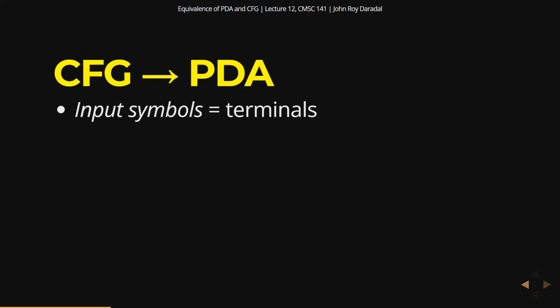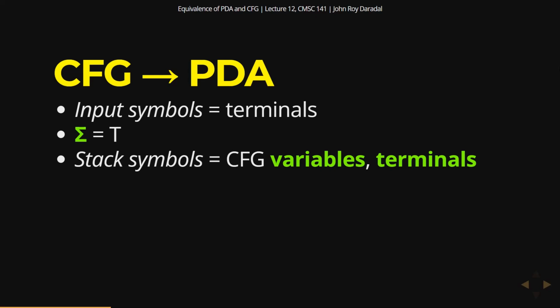Next, for the input symbols, that would just be the terminals of your grammar. So for sigma, the input symbols of the PDA, it will just be directly equal to T, or the set of terminals for the grammar. Now for the stack symbols, we can add the variables and terminals of the grammar onto the stack. So we can push the variables, we can push terminals onto the stack.